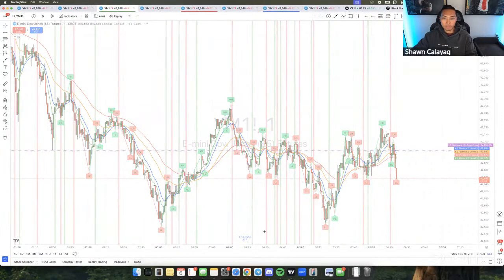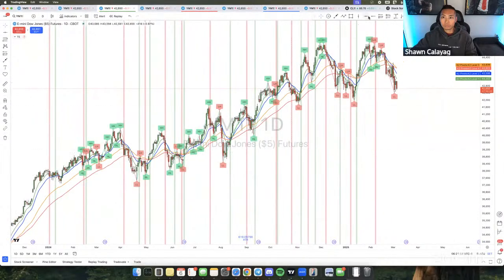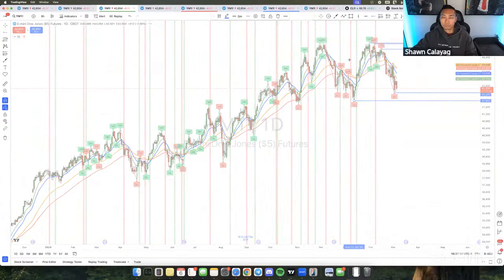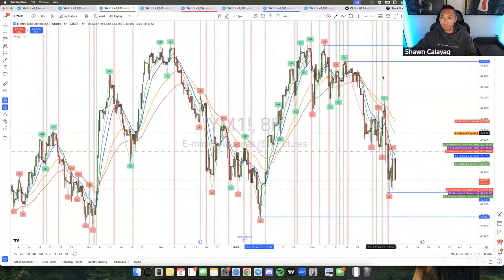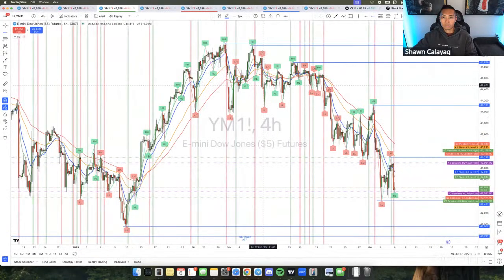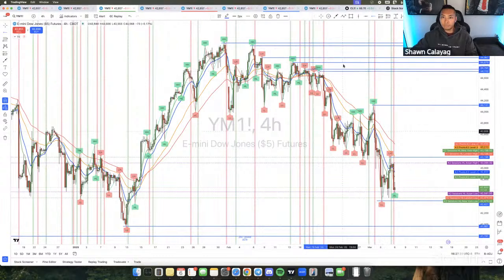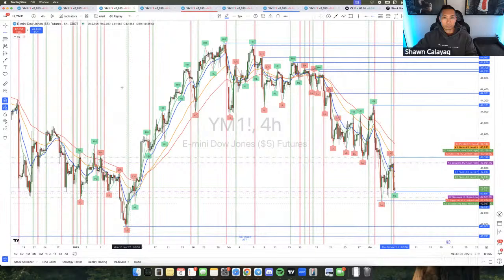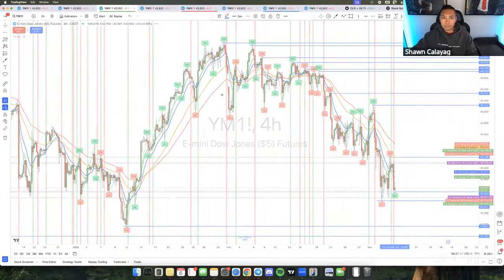The daily time frame. Going down to the 2 hour.